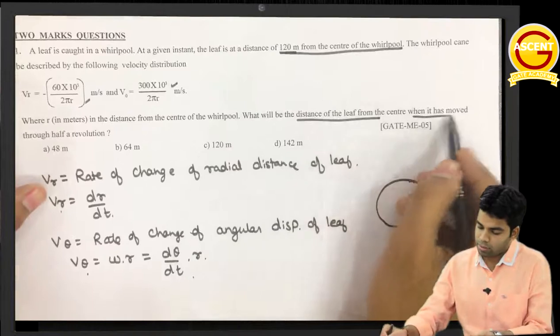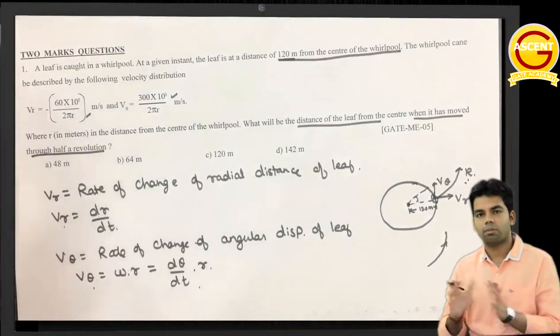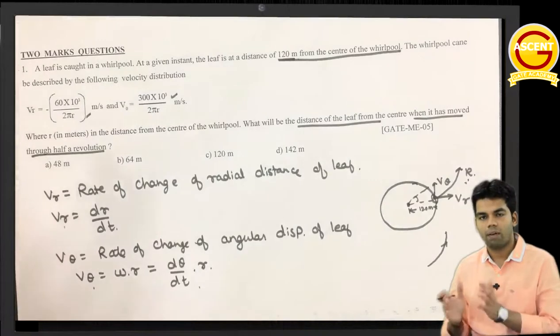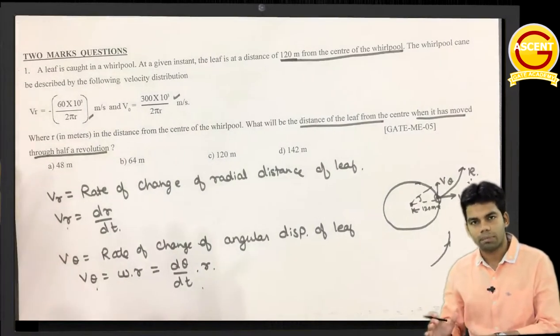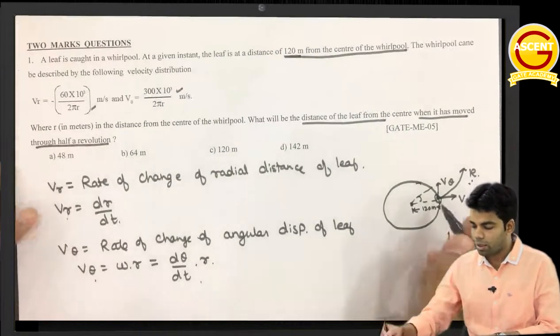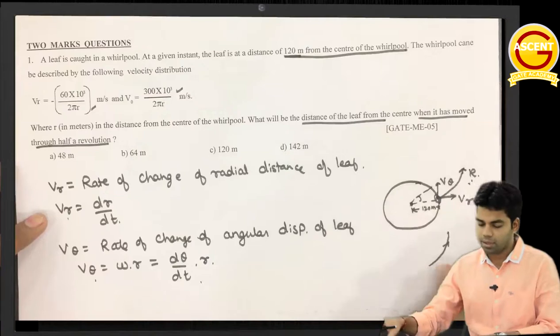Meanwhile, how much is theta? It is given that the leaf has moved through half a revolution. A total revolution is 360 degrees, that is 2 pi, so half a revolution means pi. That means theta is going from 0 to pi, and in that time r is changing from 120 to capital R, which we have to determine.